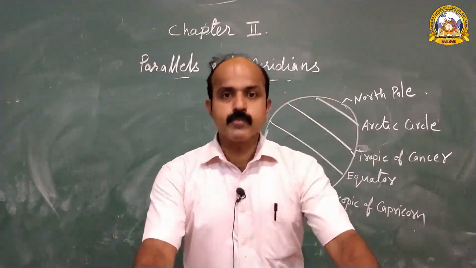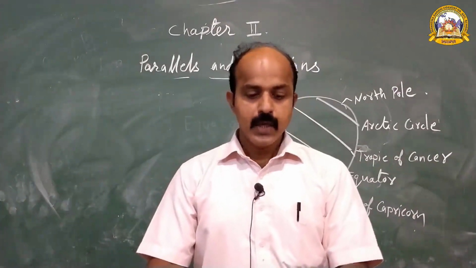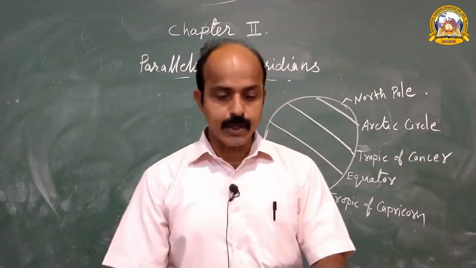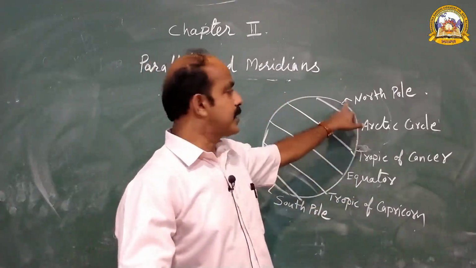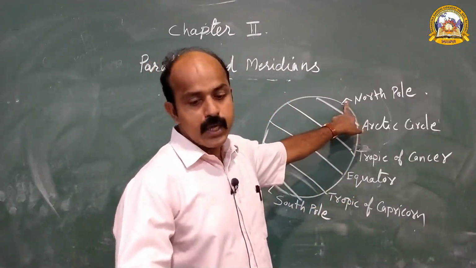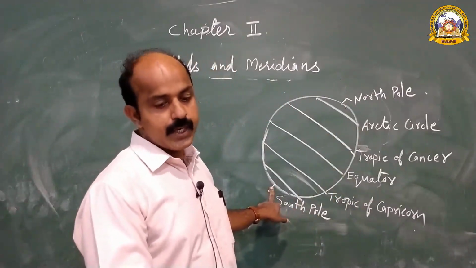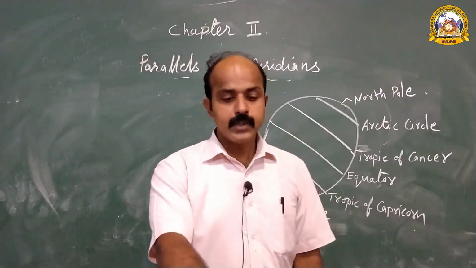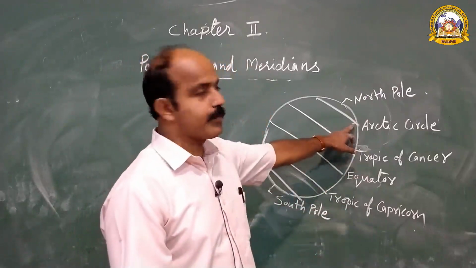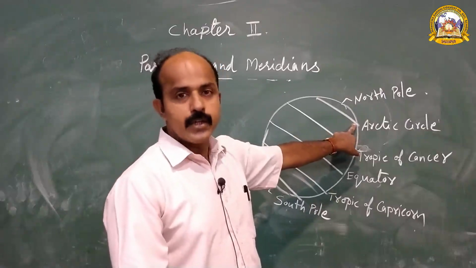Now I am going to explain about the important parallels on the globe. Other than the equator, 0 degree, the north pole, 90 degree north, and the south pole, 90 degree south, there are 4 important parallels. What are they? The Tropic of Cancer, 23½ degree north.